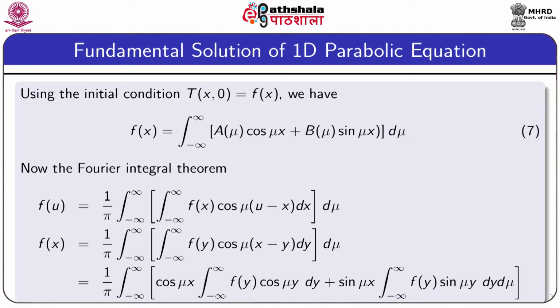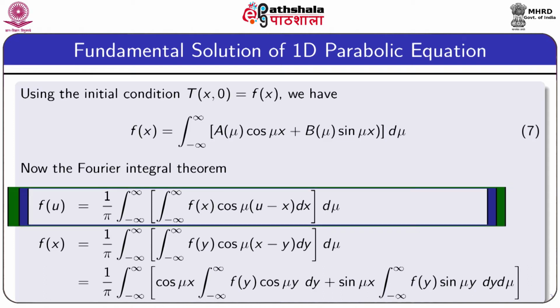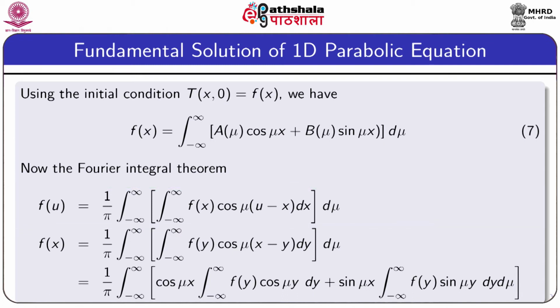If we look at equation 7, we can use the Fourier integral theorem. The Fourier integral theorem says that u equals 1 by pi integration 0 to infinity, integration minus infinity to plus infinity, f(x) cos mu (u minus x) dx d mu.